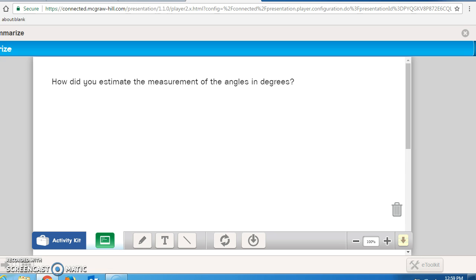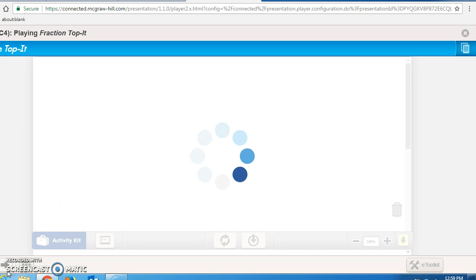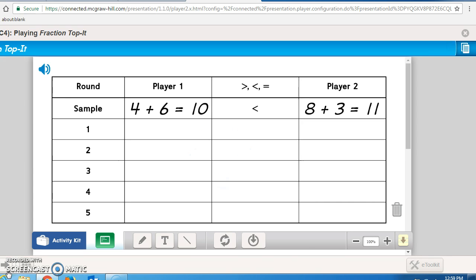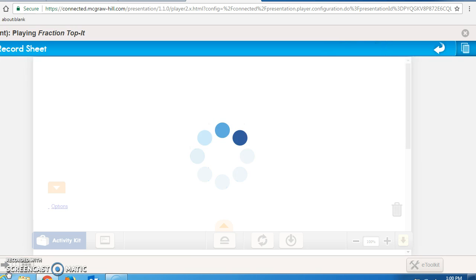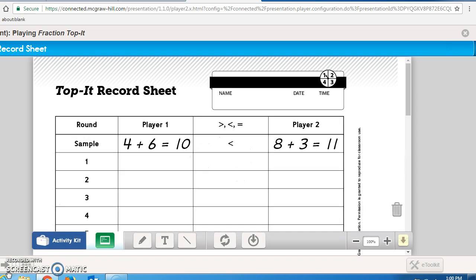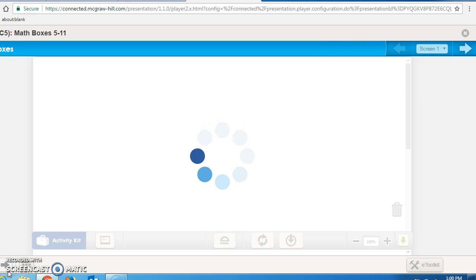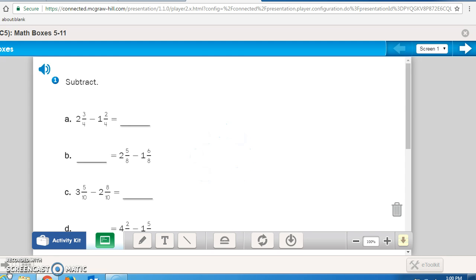And if it's larger than 90 but less than 180, you also realize that that's an obtuse angle. And if it's anything greater than 180, you are looking at a reflex angle. So hopefully that's how you estimated the measurement of angles in degrees. As you practice that more, it's going to be a lot easier for you, and it's just going to come naturally. What you're seeing me flip through here are some of the games that we've played in the past, and we're just going to continue on through them.